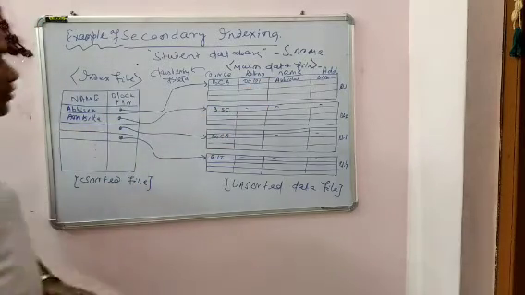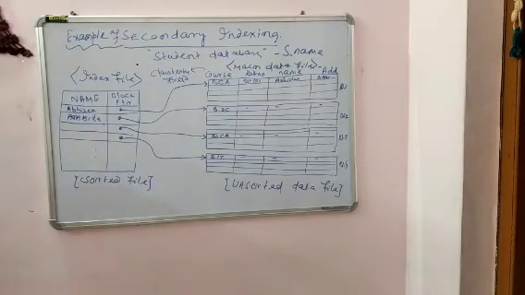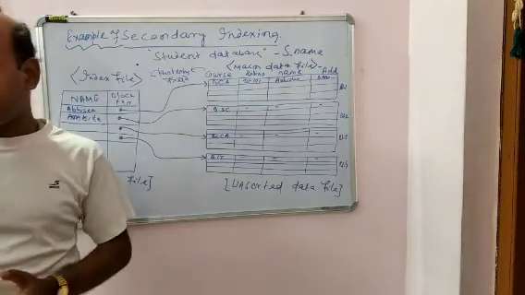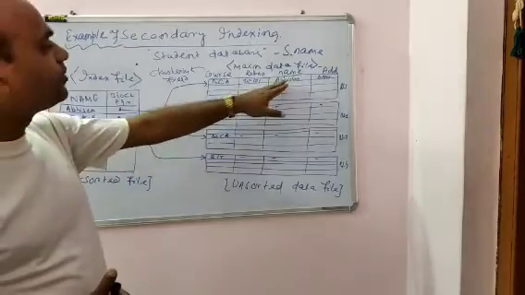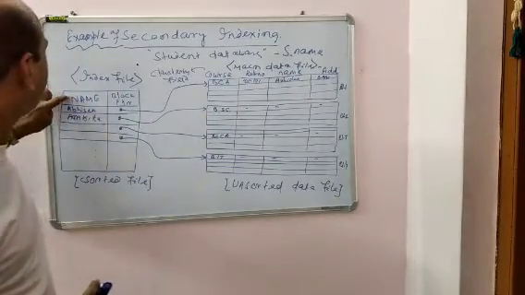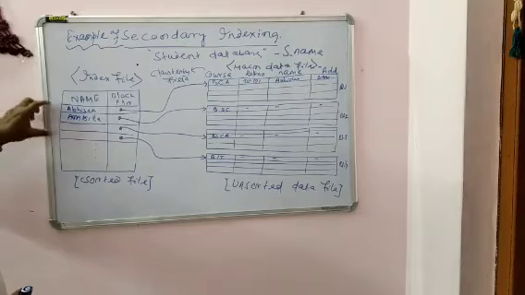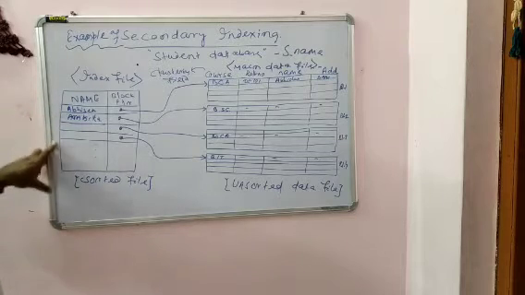Here secondary indexing can be done on a non-key attribute, and this non-key attribute may be the name. We are considering this name in the index file, so all names will be stored in ascending order.